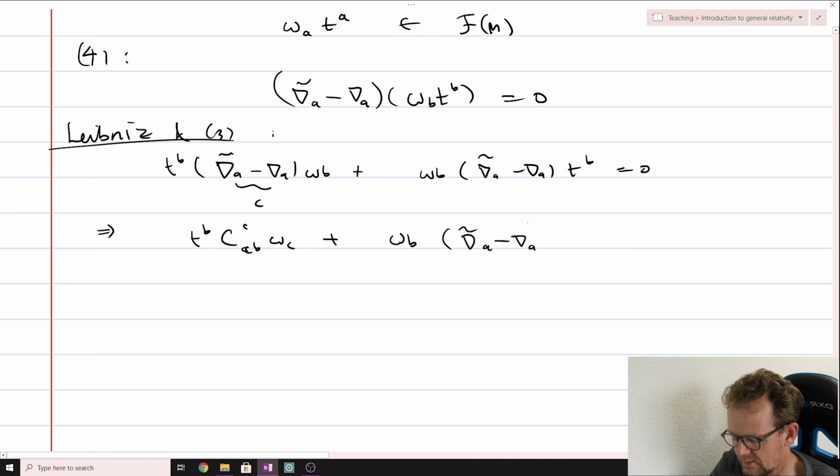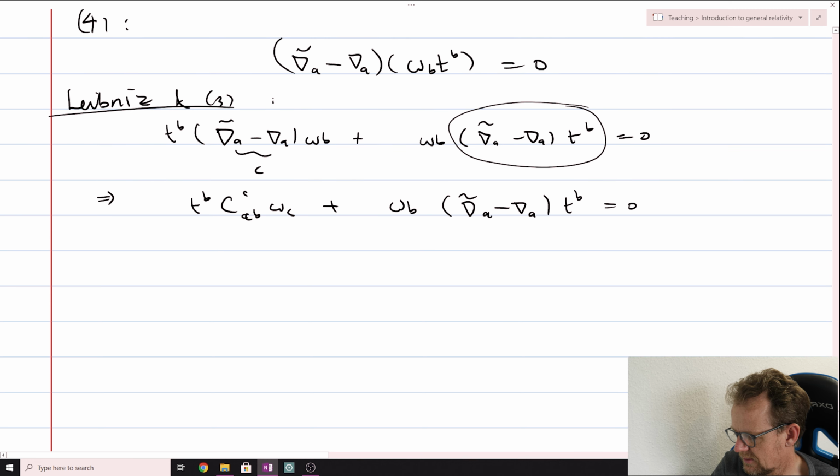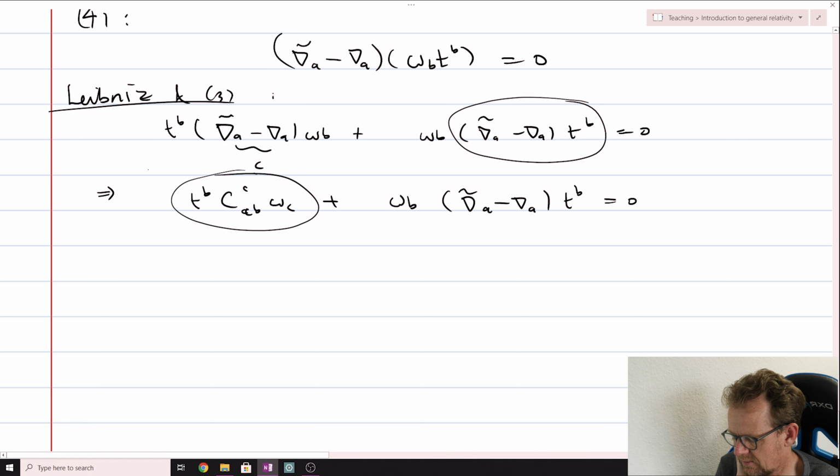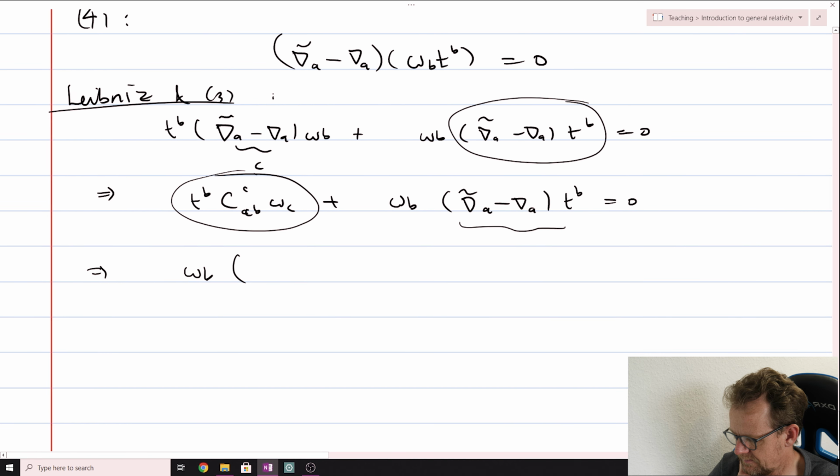We can't, because we don't even know what that is yet, but we definitely know what it is in the first term of this expression. That first term is just a contraction of some tensor fields. And this is almost the thing that we want. Then we use the linearity of these covariant derivative operators, and we rearrange this expression and factor out omega_b.